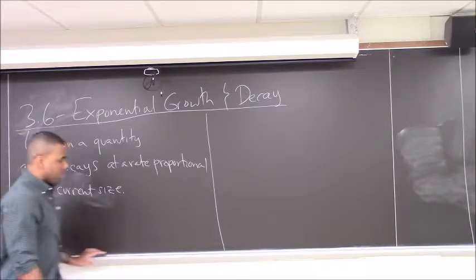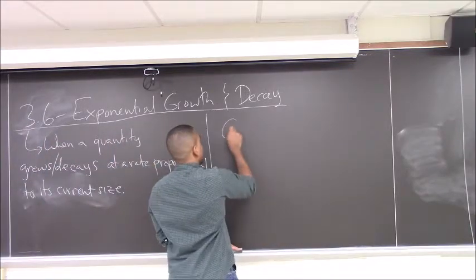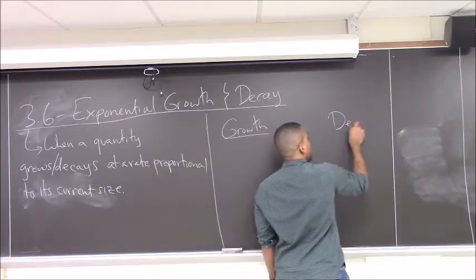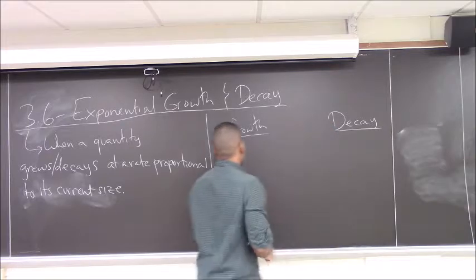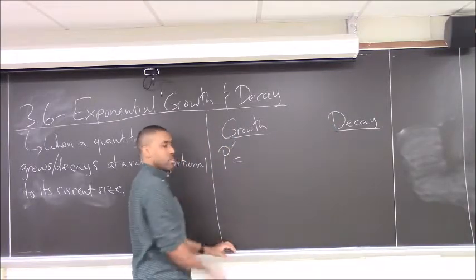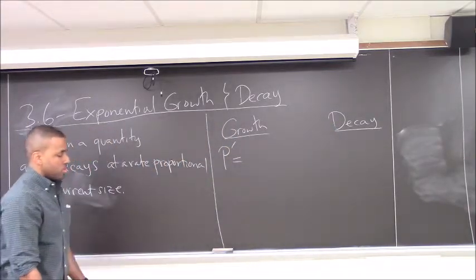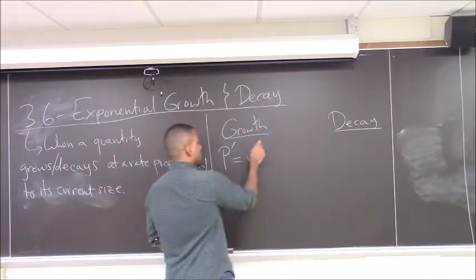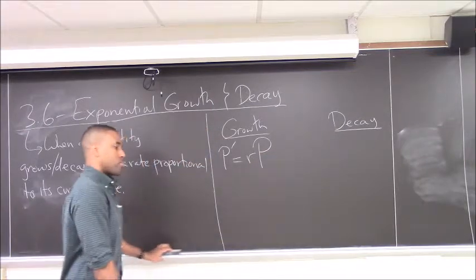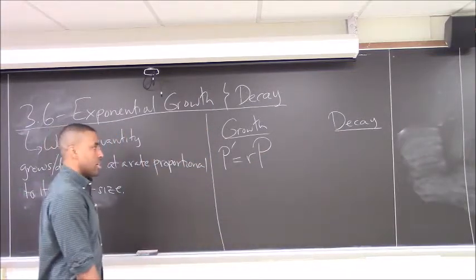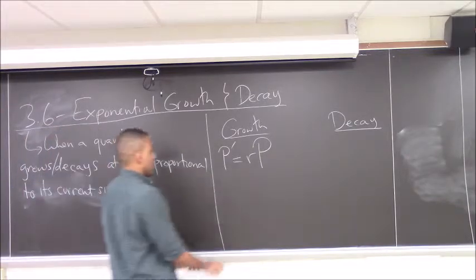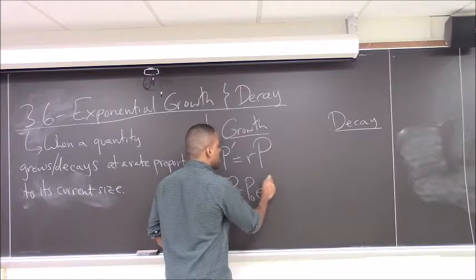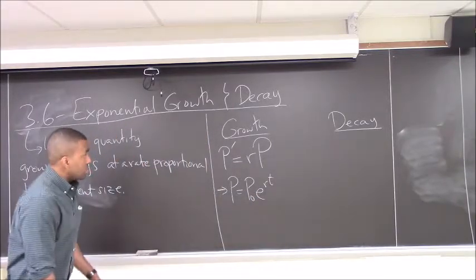You get two sets of formulas from this. We can talk about the growth set of formulas, which are very similar to the decay set. The rate of growth, which we know can be conceptualized by the derivative, is proportional, with constant of proportionality r, to its current size. You can solve this using integration and a simple application of differential equations to get P = P0 e^(rt).